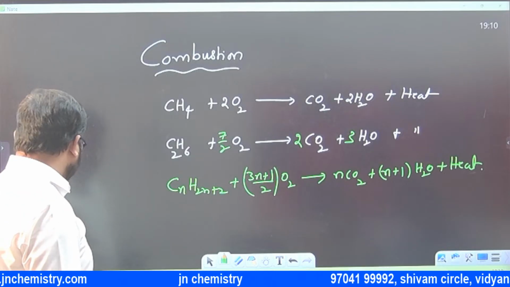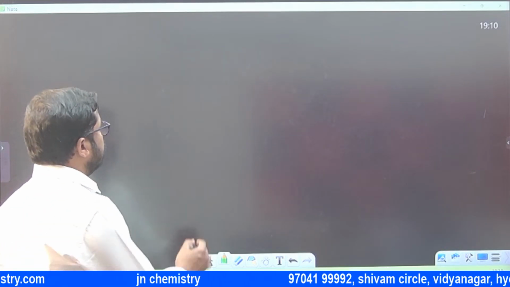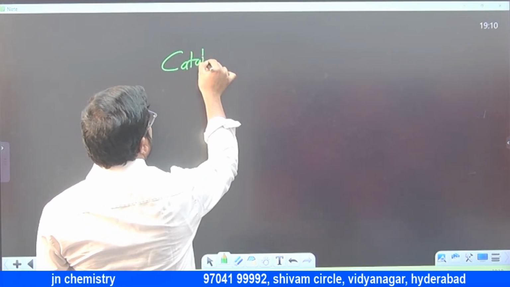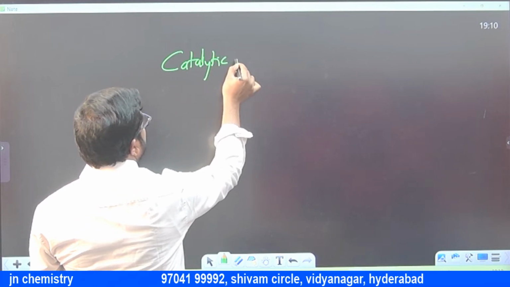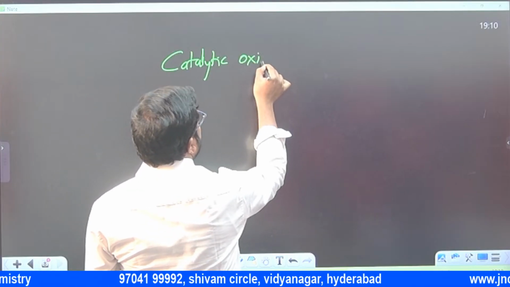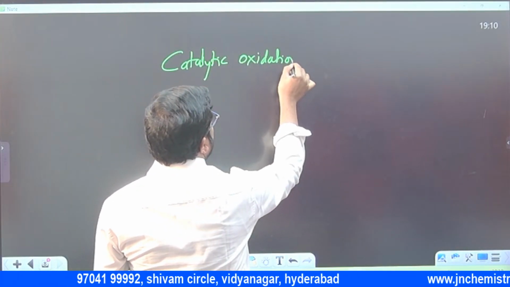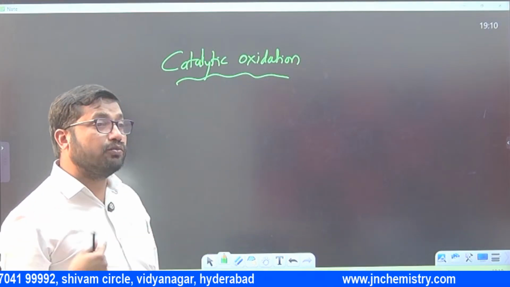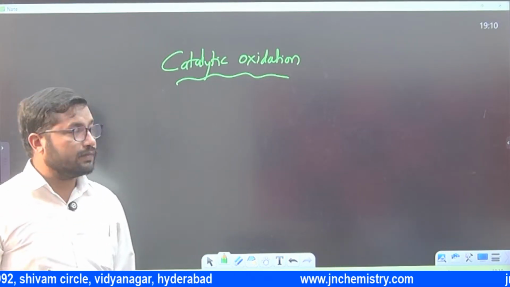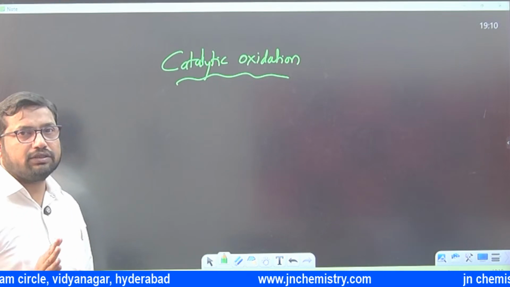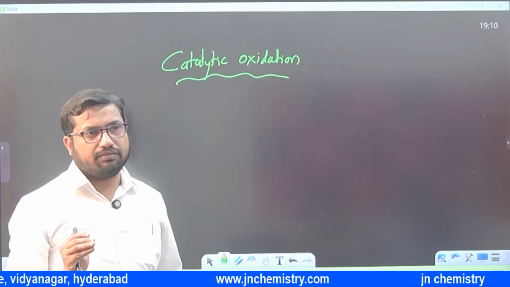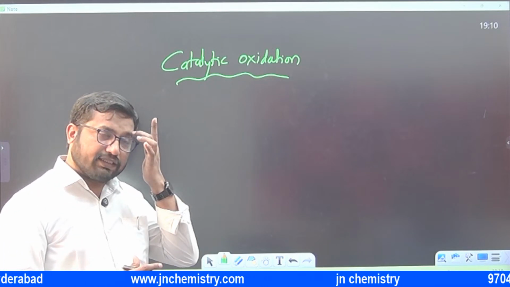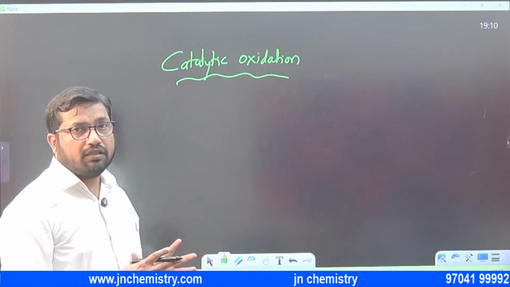So next, catalytic oxidation. I told you in the combustion case, what exactly happens? More number of carbons, more combustion. So catalytic oxidation means controlled oxidation, means we are using a specific catalyst and specific conditions, and we'll get the desired product.